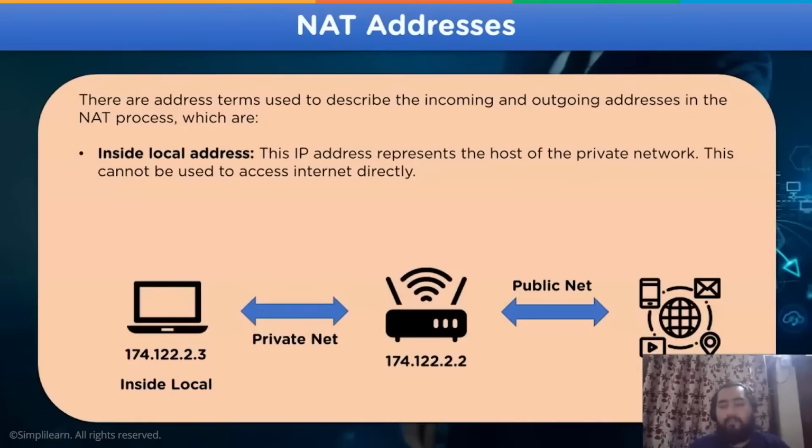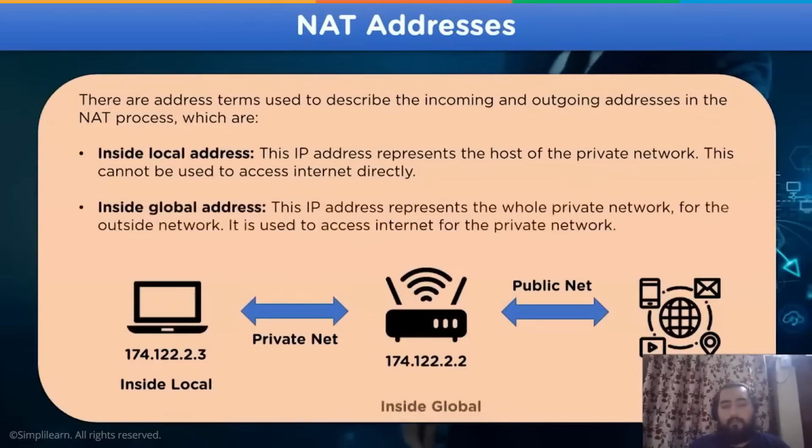When the router receives this private network ID, it converts it to the public network address. That is known as the inside global address. This IP address represents the whole private network for the outside network and is used to access the internet for the private network.